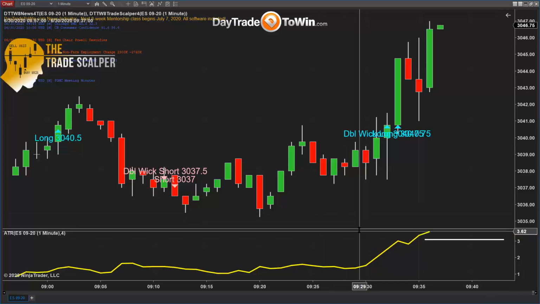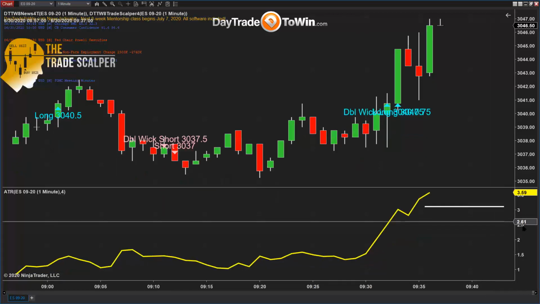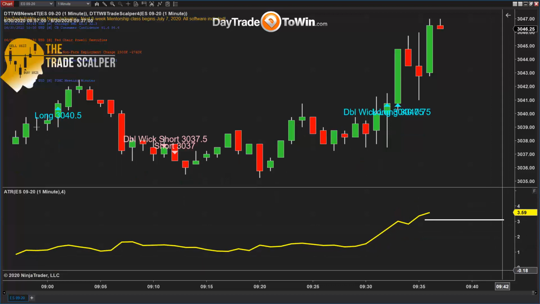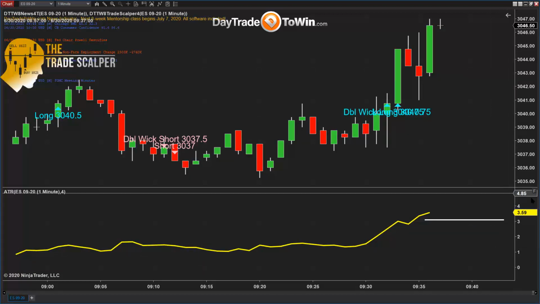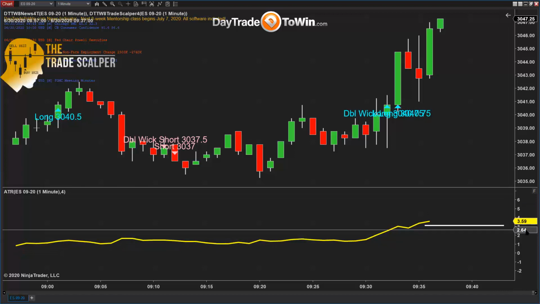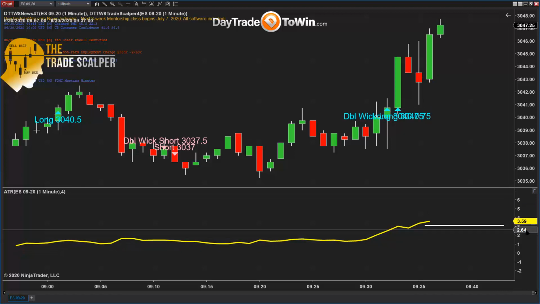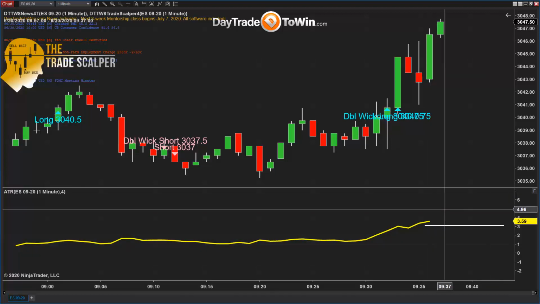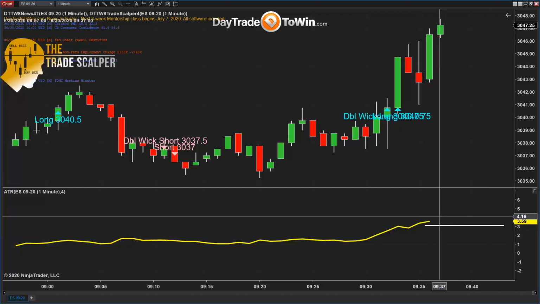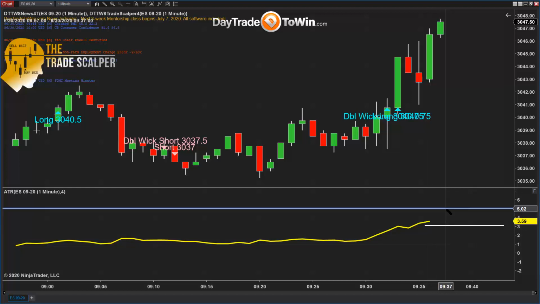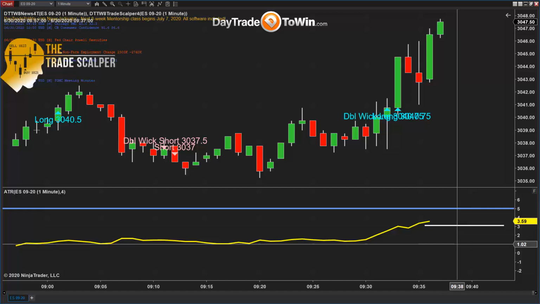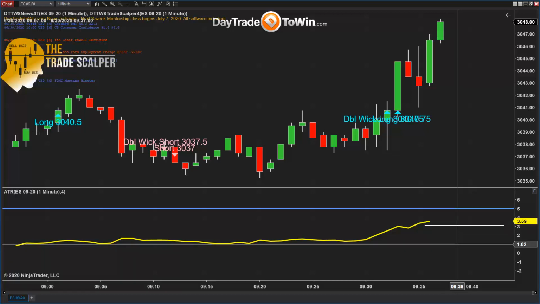So when I look at entering long or entering short, I want to make sure that the conditions aren't overly volatile, which means that on the E-mini S&P, it's a little different for other markets, but on the E-mini S&P, it's typically 5 points, which is 20 ticks. And it's the same across other markets, crude oil, NASDAQ, and so on.